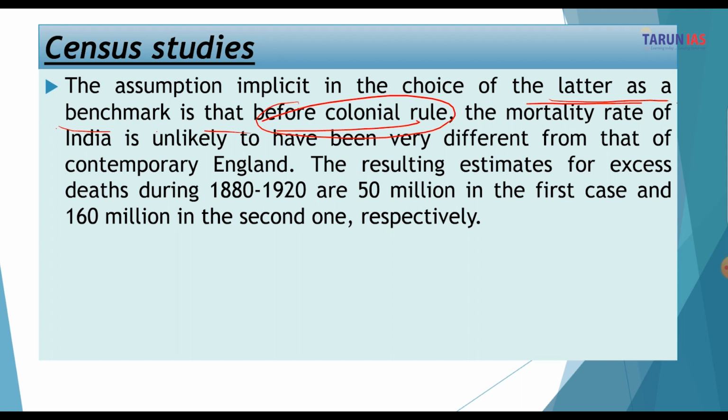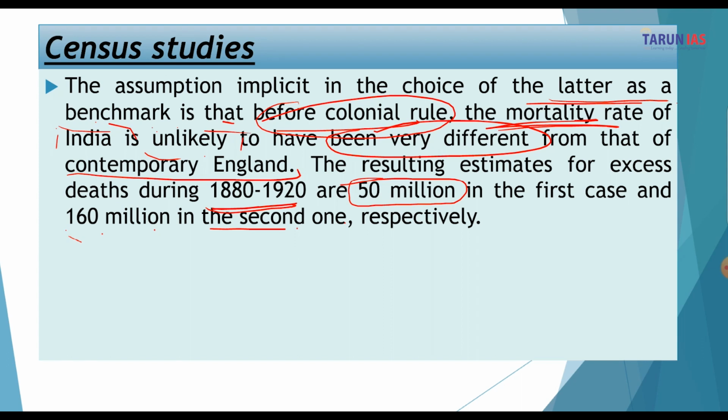Their assumption is that the mortality rate in India before colonial rule was unlikely to have been very different from that of the contemporary England. Therefore, their result estimated that the excess deaths which occurred between 1880 and 1920 are approximately 50 million in the first case and 160 million in the second one, respectively.